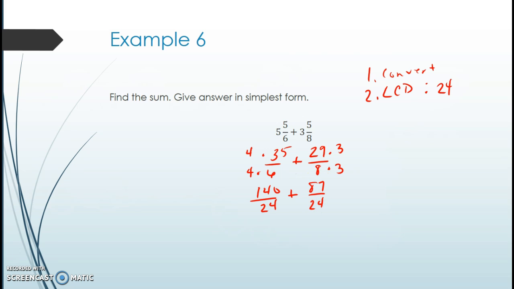So now from here I can add 140 plus 87, and we end up with 227 over 24.